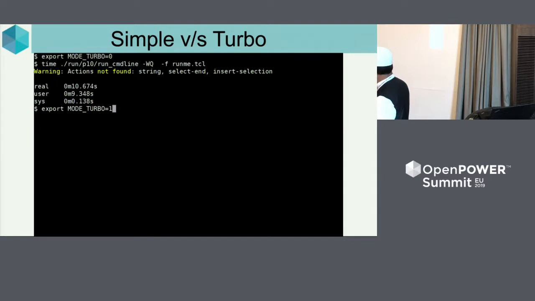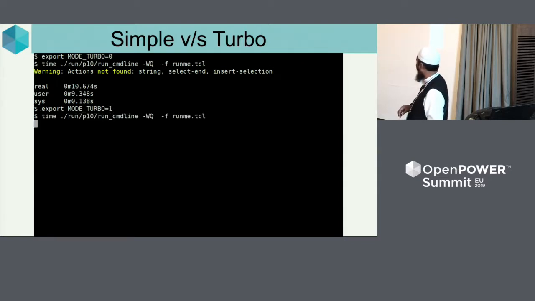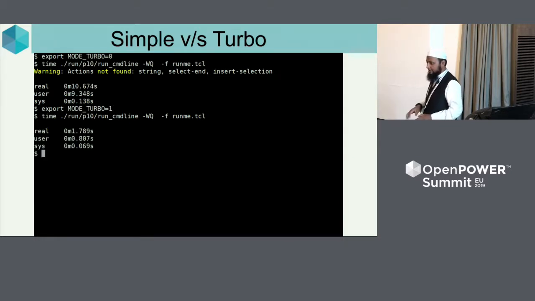It takes about 10 seconds to execute. And when I set the turbo mode to 1 and give the same command, it gets executed within 2 seconds. So that is the kind of simulation speed that we get. This was a very small application. For bigger applications, we see much more improvement in the simulation speed when we switch from simple to turbo mode.